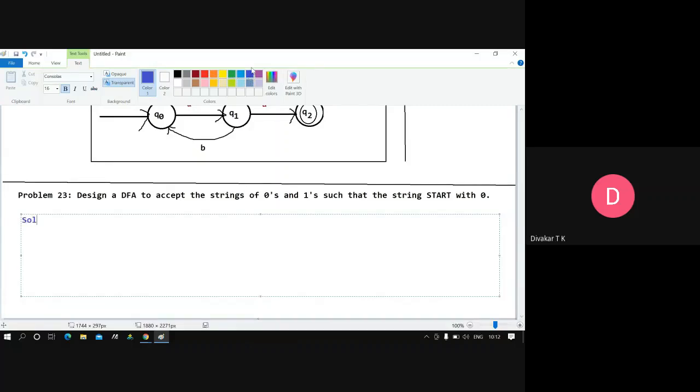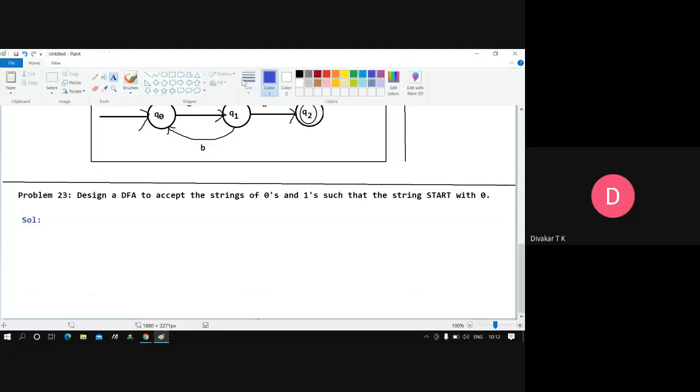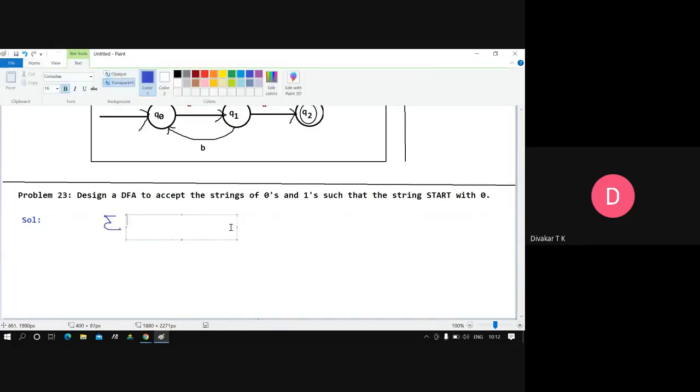Okay, solution. Vaishnavi, tell me what is sigma? Set of 0, 1. Great. So sigma is equal to {0, 1}.